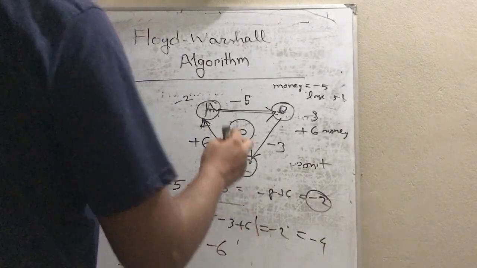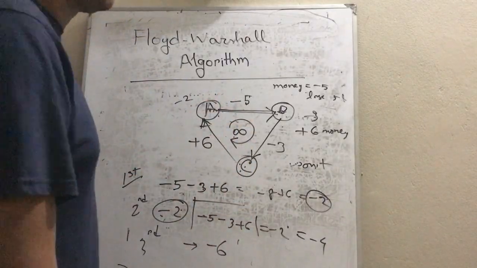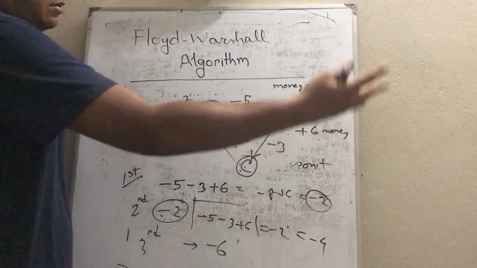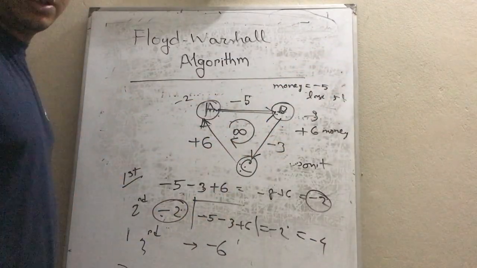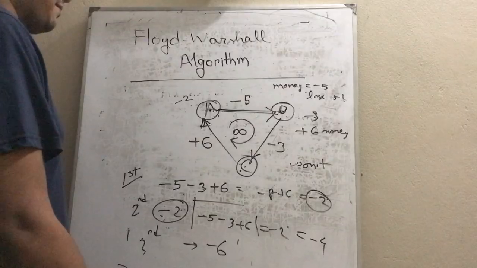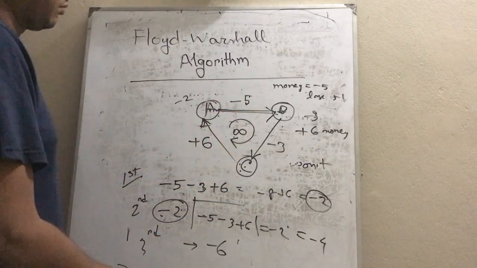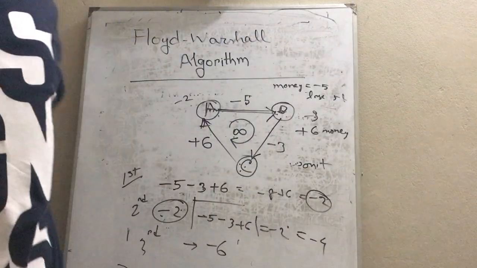So we cannot find all pairs shortest path in this case because it goes on indefinitely. The actual value is not found.